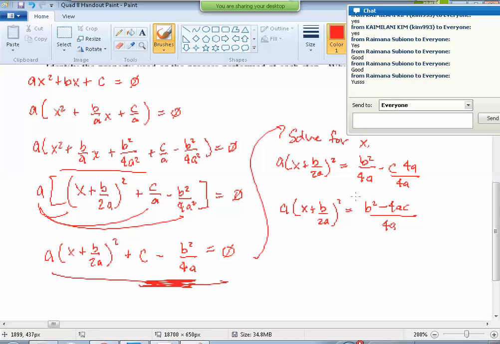What step did I do and why did I do it? All I did was write this over the same denominator, since we had the same denominator in these two fractions. That's b squared minus 4ac. I wrote c4a as 4ac. It's the same thing since it's all being multiplied together anyway. I just like writing the numbers first and then the letters in alphabetical order.